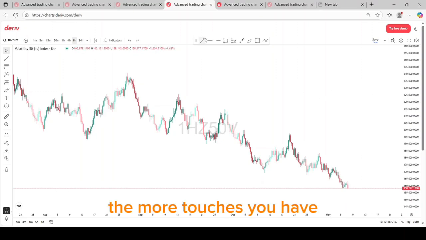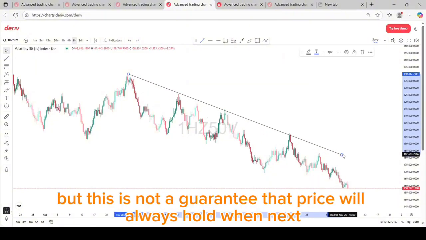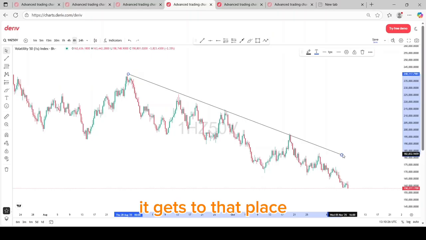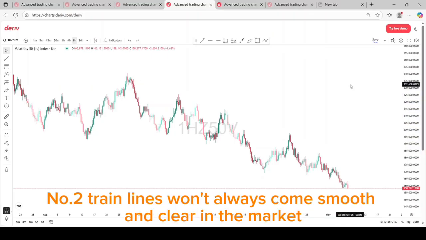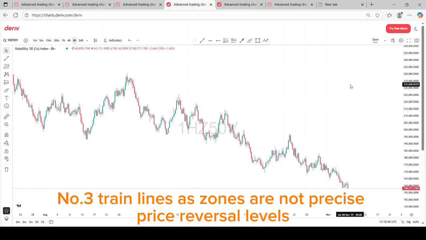The more touches you have, the stronger your trend line, but this is not a guarantee that price will always hold when next it gets to that place. Number two, trend lines won't always come smooth and clear in the market, so expect choppy and unpredictable moves. Number three, trend lines are zones and not precise price reversal levels.